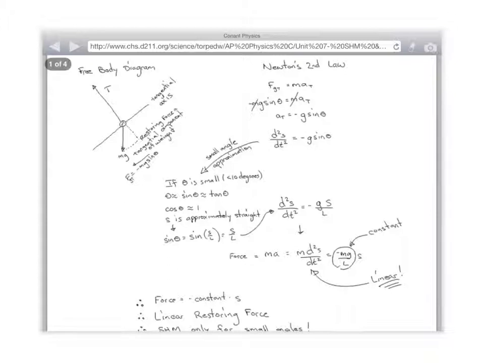But what's omega? Square root of g over L. So theta as a function of time equals the maximum angle, theta max, times cosine of square root of g over L times t. And that is your answer. All right? Which is kind of cool.